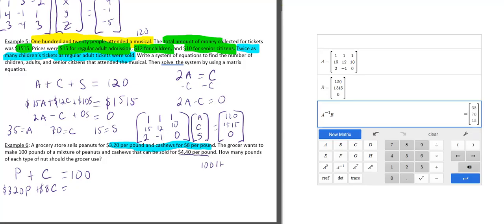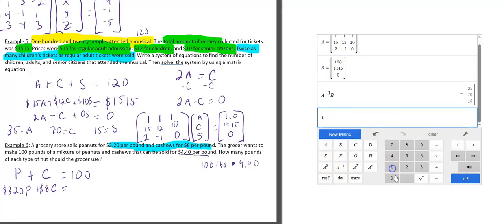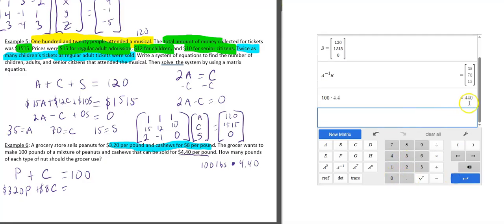Well, you got to convert this. Since I'm doing 100 pounds at $4.40 per pound, I need to multiply that out. I'm going to use this same calculator real quick: 100 times 4.4. It's simple math, guys, but 440. So this is 440 right here, and this represents the total amount of money, because I'm trying to make the total 440 to get 100 pounds of nuts.